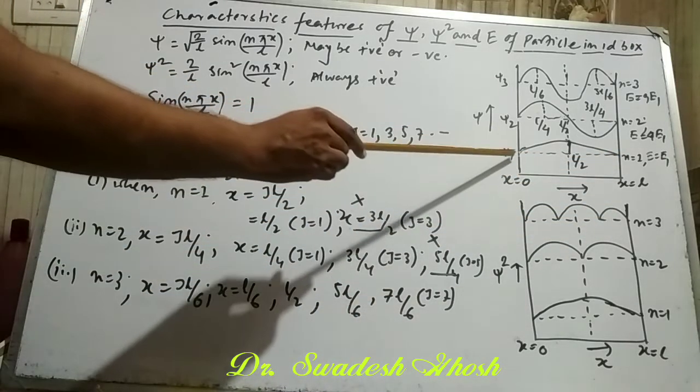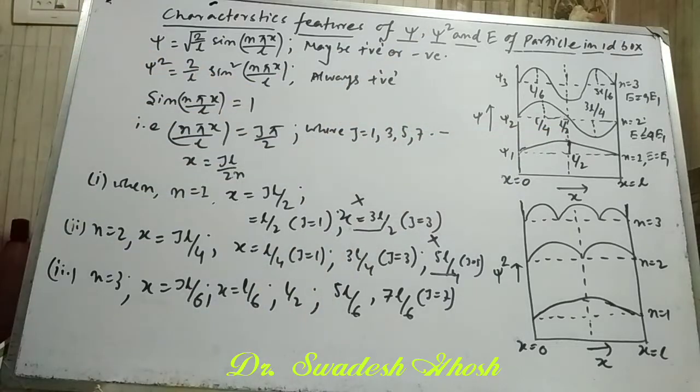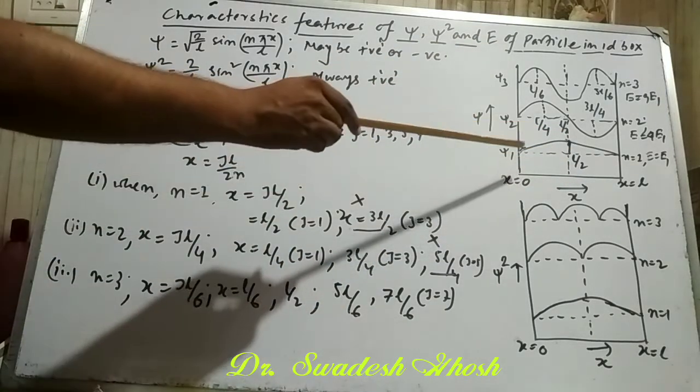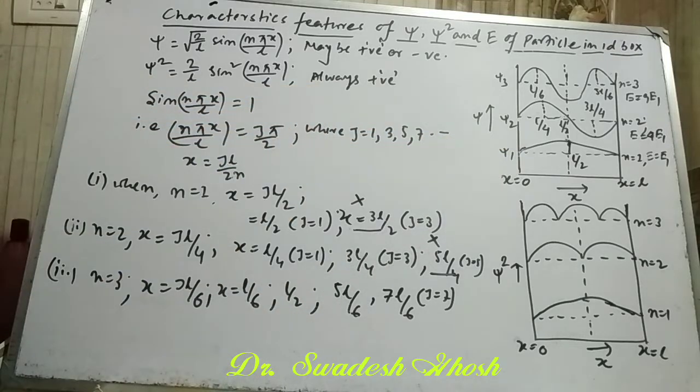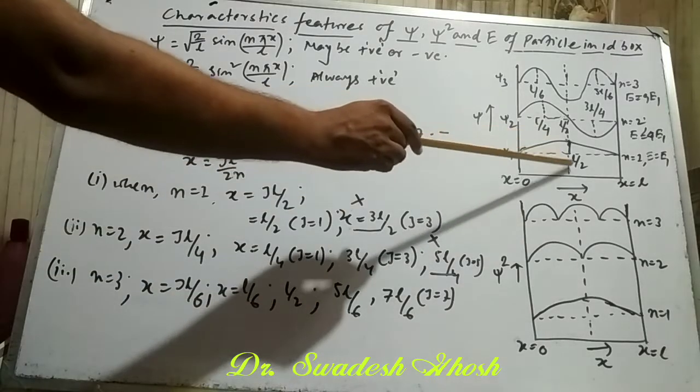And the maximum probability of finding the particle is at the point L by 2.